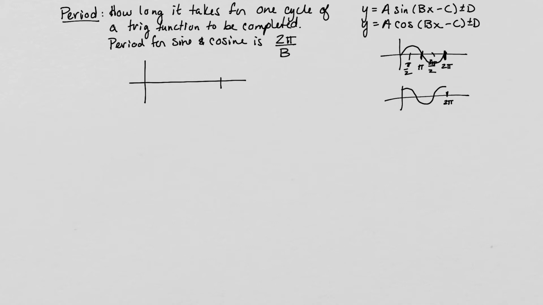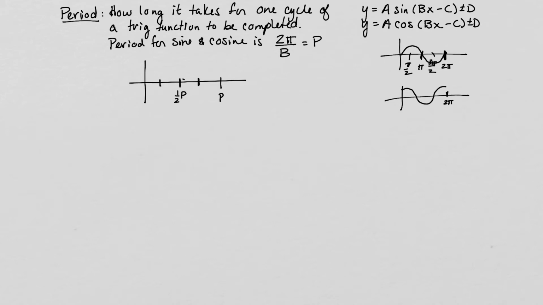So if we let the period be equal to P, so I have 2 pi over B, this end place will always be P, and then we're splitting this into 4 equal parts. When I split it into those 4 equal parts, this middle part is always going to be 1/2 of P, right?